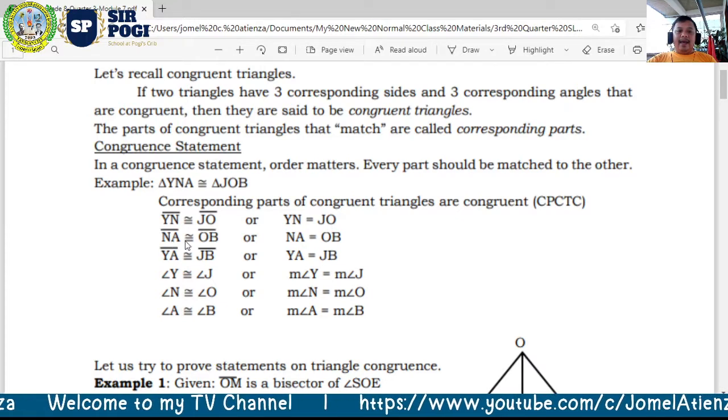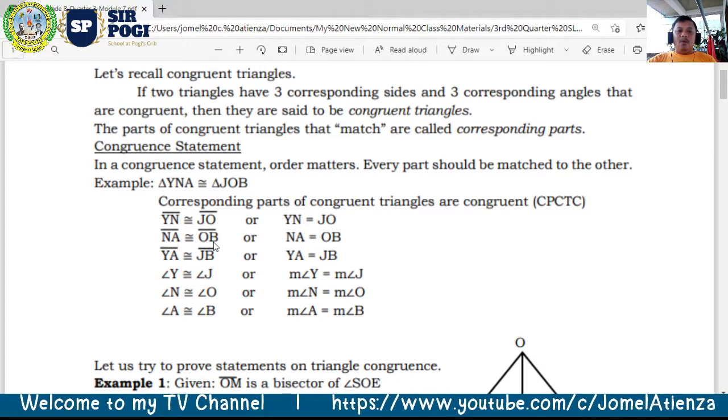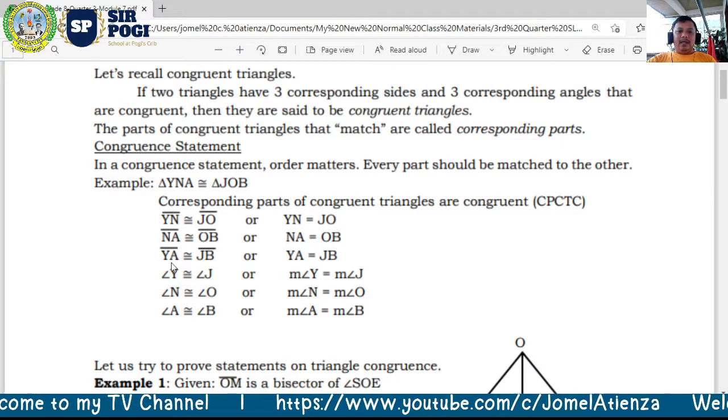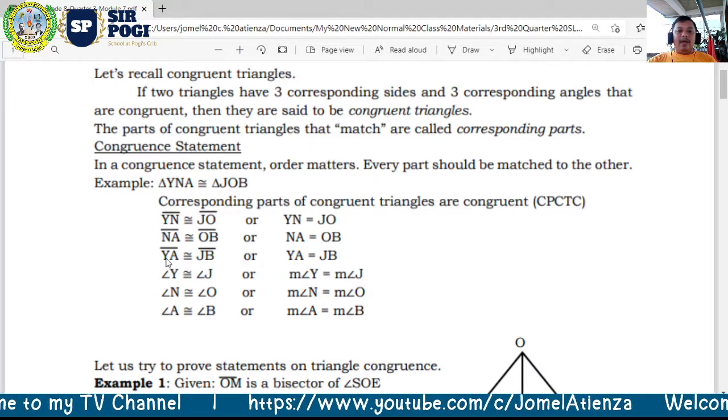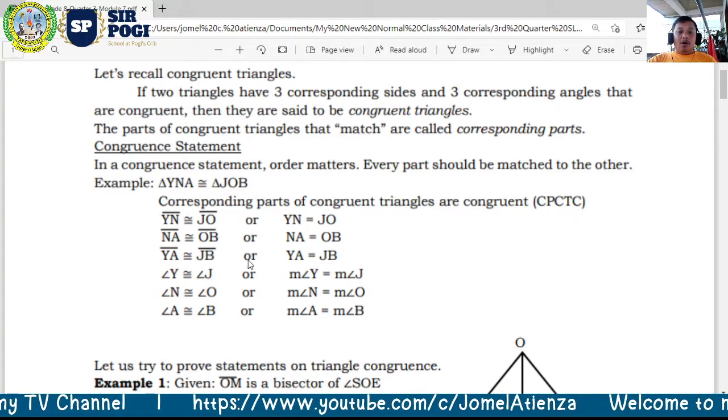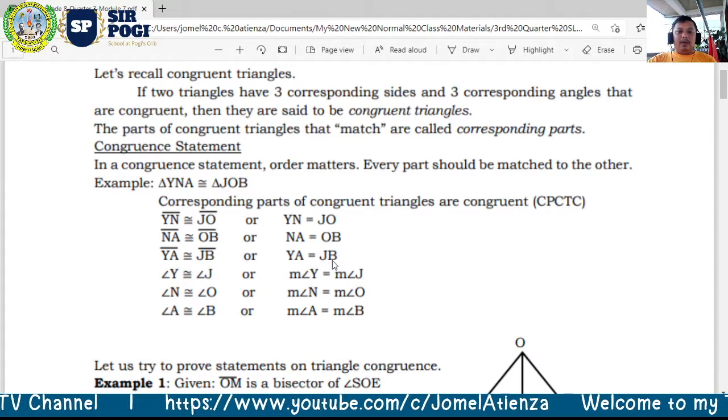Segment NA is congruent to OB, or NA is equal to OB. Then, segment YA is congruent to segment JB, or YA is equal to JB.